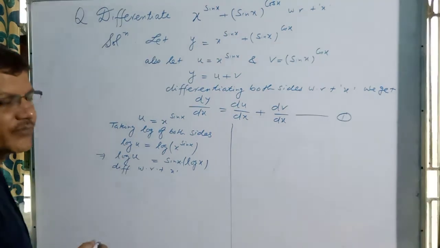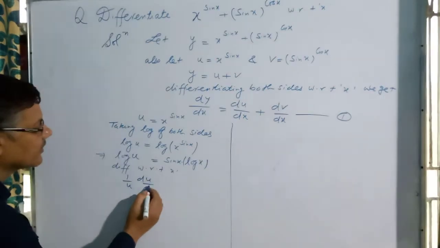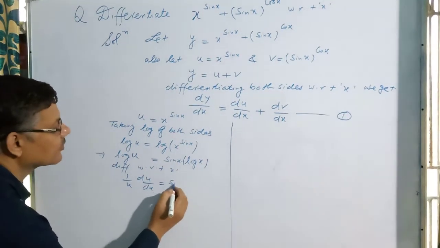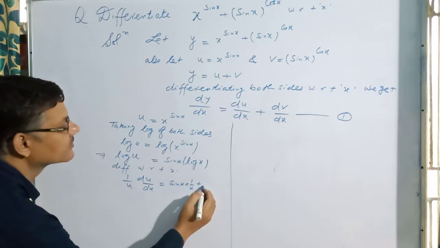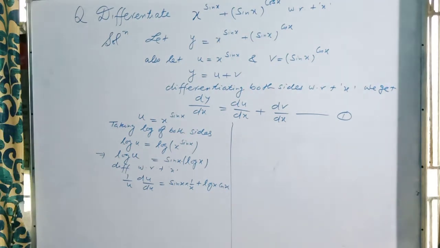Just differentiate. It comes as 1 by u into du by dx is equal to function number 1 into the derivative of function number 2 plus function number 2 into the derivative of function number 1.